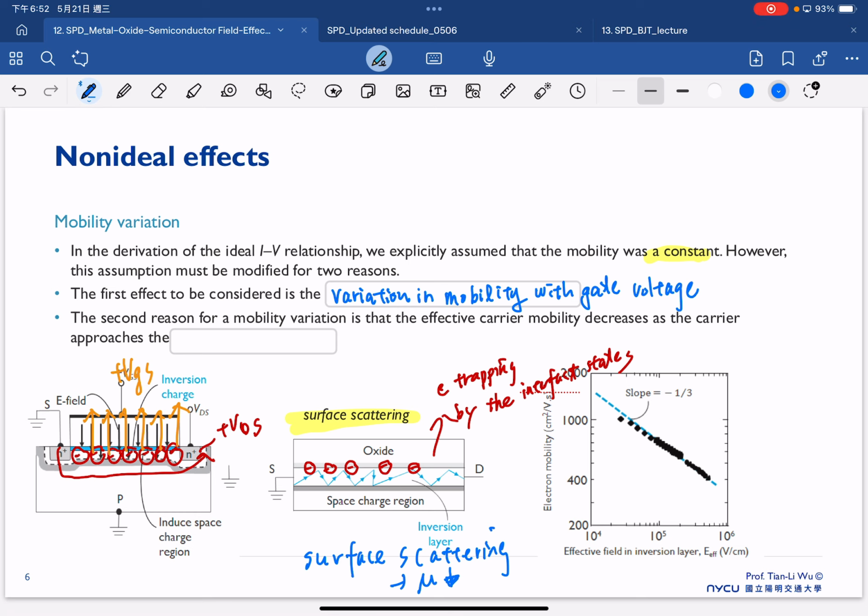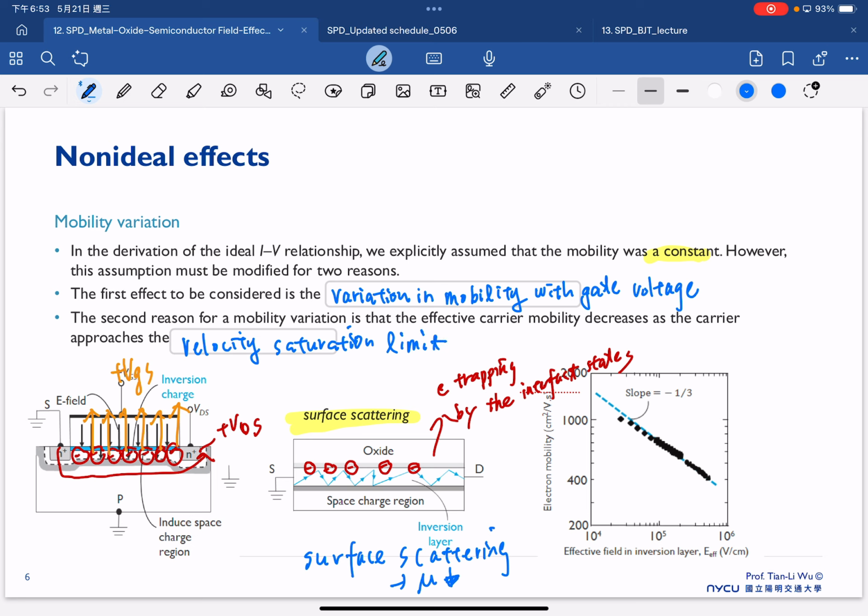And the second reason for the mobility variation is that the carrier mobility decreases as the carriers approach velocity saturation. So this is another issue, what we call the velocity saturation limit.